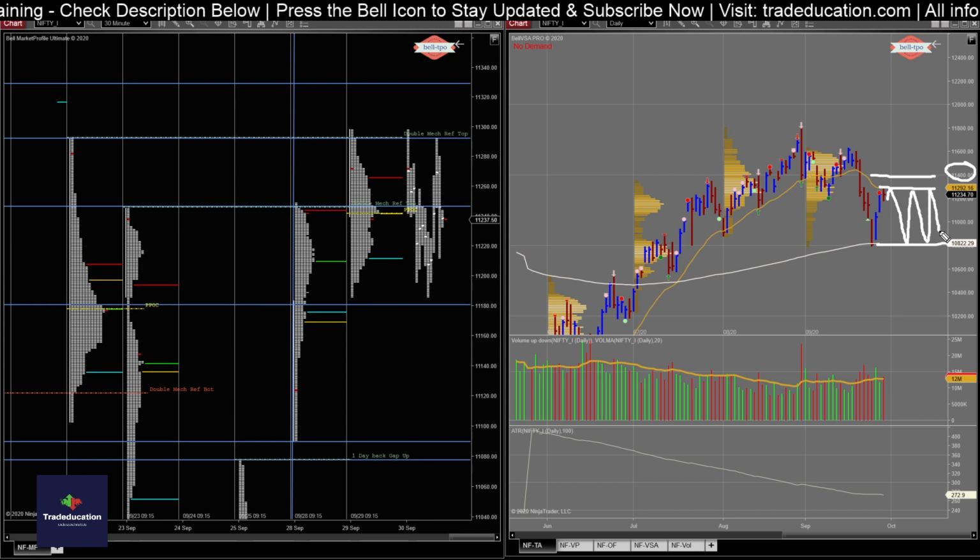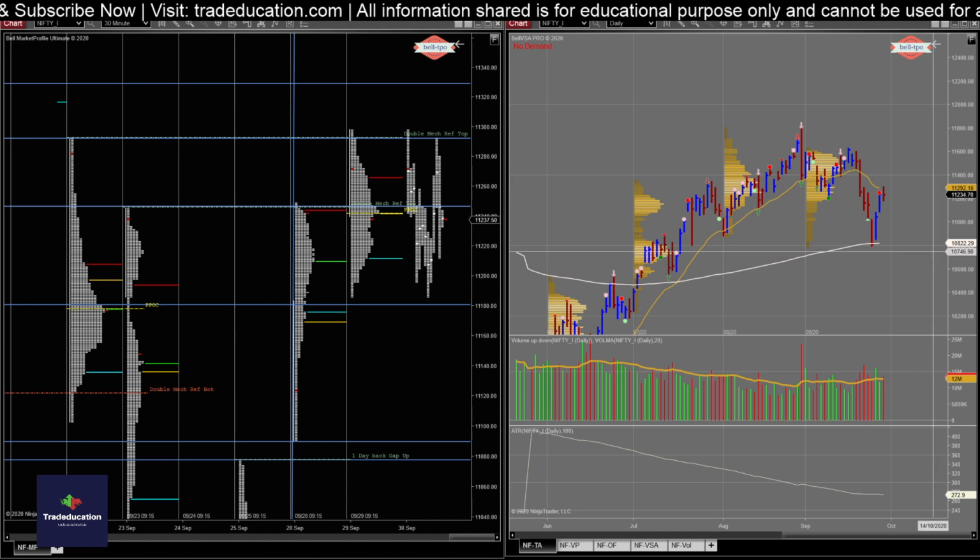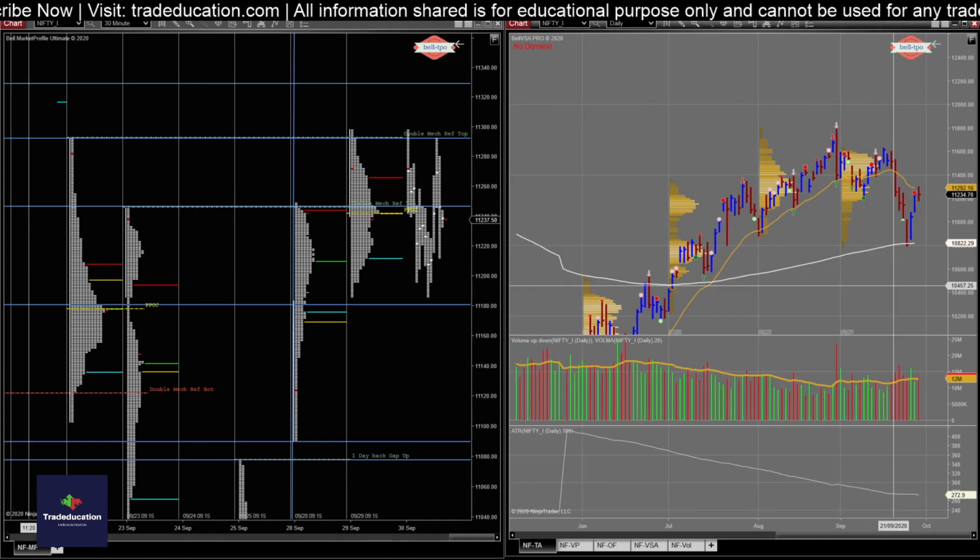If the auction tags above the 20 EMA, then you can book your profits, because 11,400 is where I'm expecting maximum sellers to again step in, and the auction will go down again. Okay, so that is the trade from the positional perspective which I'm seeing.